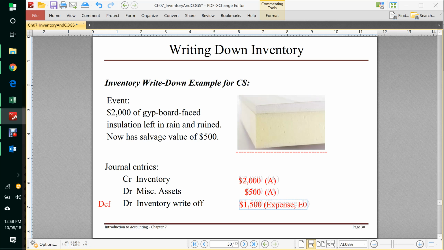Okay, and you could have the word expense in there if you wanted. You don't need it. That's fine. But remember, same thing happened with PPE, and we said by definition, the net amount of the write-off would be PPE write-off expense. Okay, so here, of course, it is inventory, so we say inventory expense. Okay, and that's that. All right.